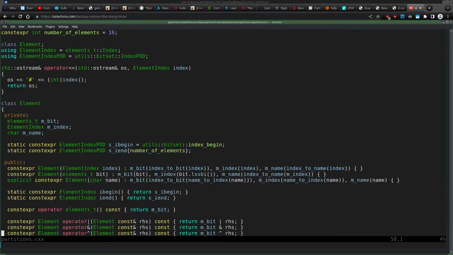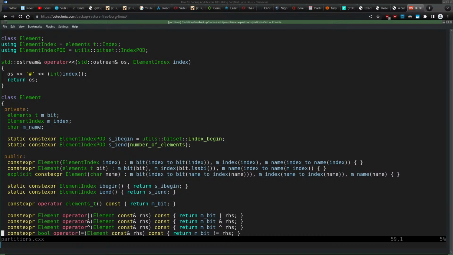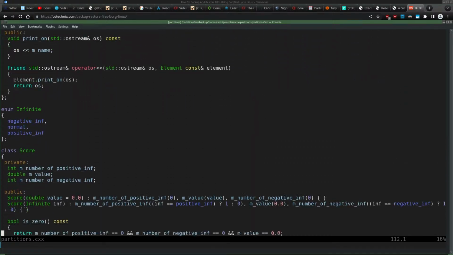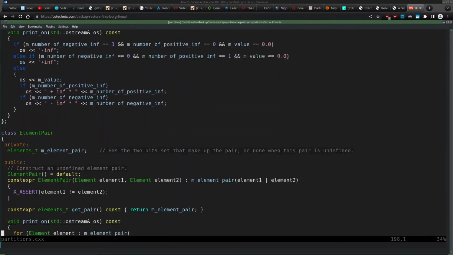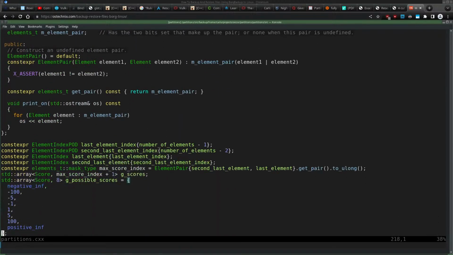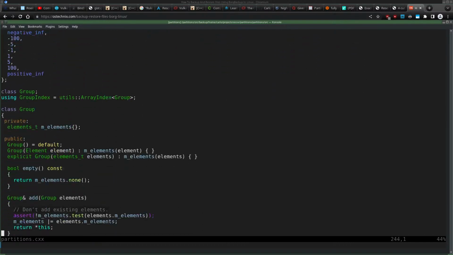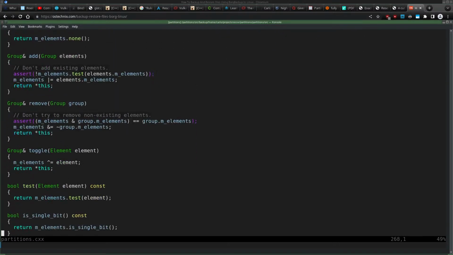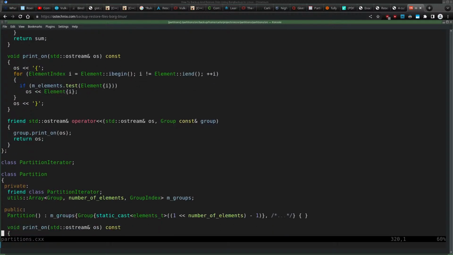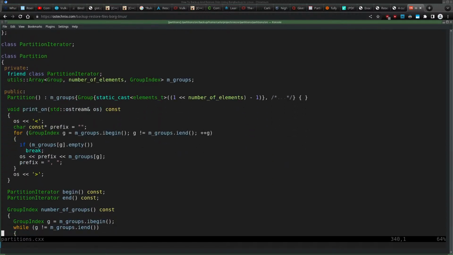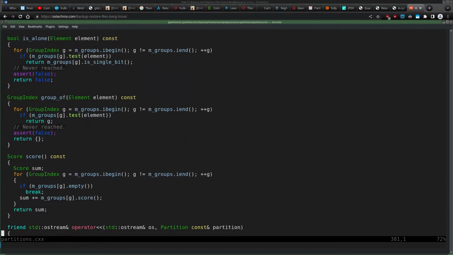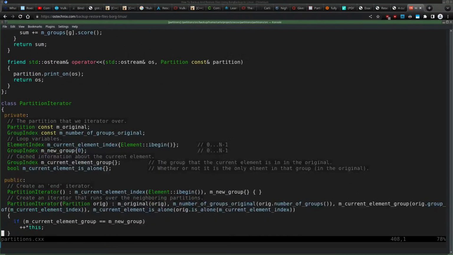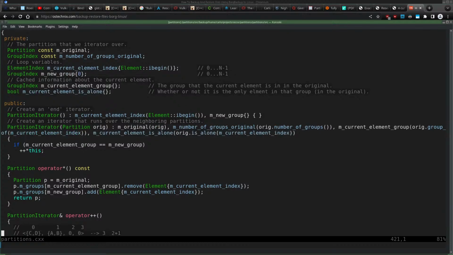Now we have here element score, element pair, partition iterator. Here's my iterator.